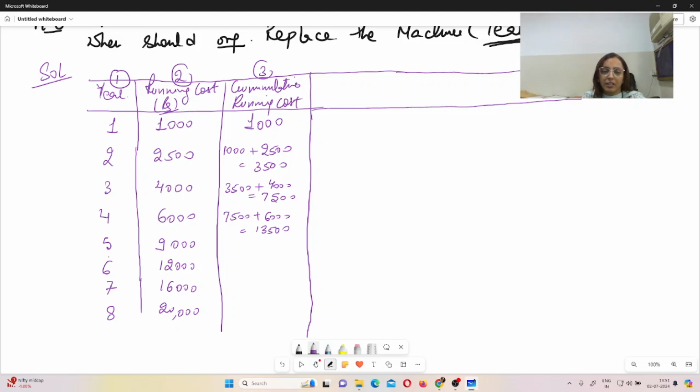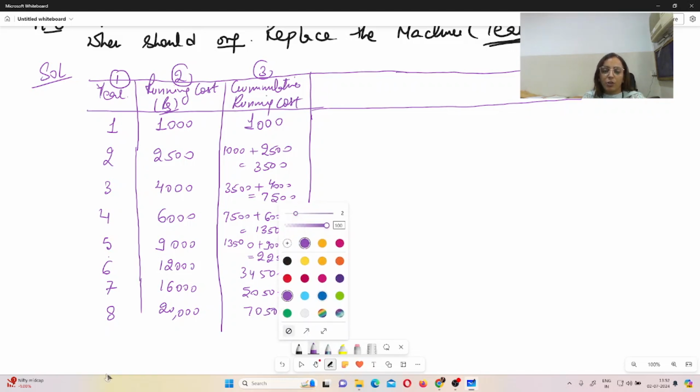Next year it is 13,500 plus 9,000, and the sum will be 22,500. In the sixth year, 22,500 plus 12,000 will be 34,500. Next it will be 50,500, and 50,500 plus 20,000 is 70,500. This is the cumulative value you have found.